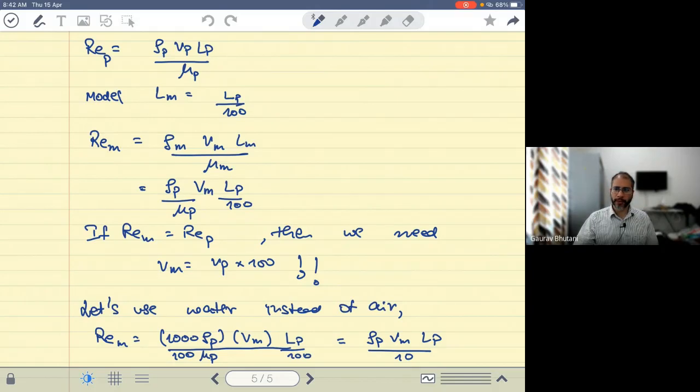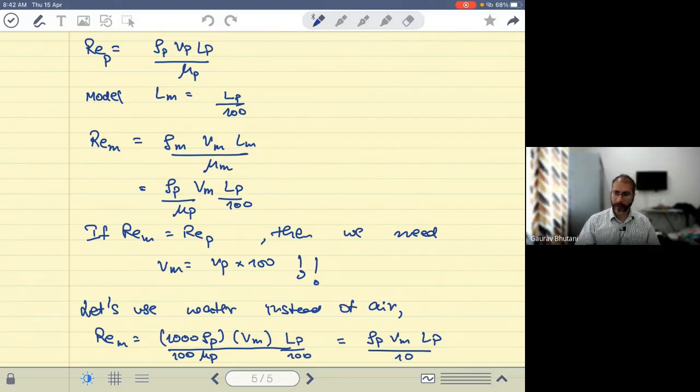So we have to choose some other fluid which has a ratio of density to viscosity that gives us a factor of, let's say, 10 on the numerator instead. That will end up reducing the velocity to only 20 meters per second.